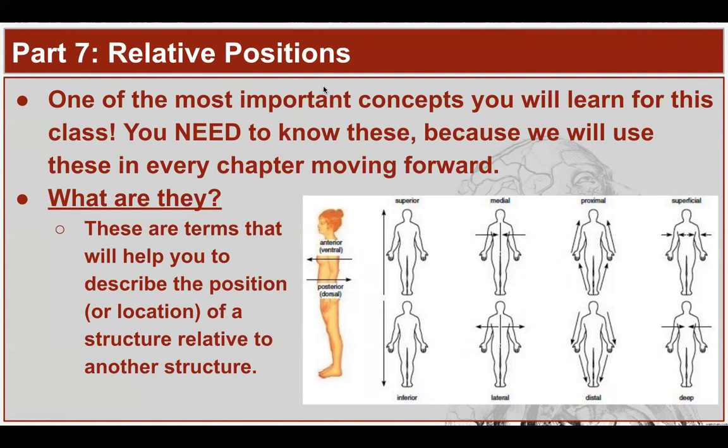Okay, so these terms are used to describe the location of one thing in relation to the position of another thing. Okay, so if we're talking about one structure and I want you to tell me where it is, you can use these terms while referring to something else to tell me where it is.